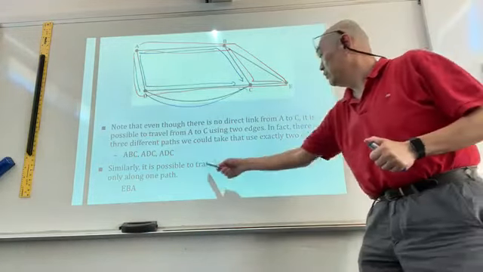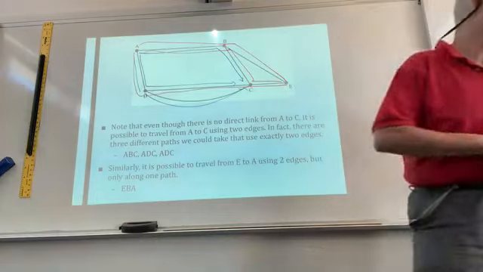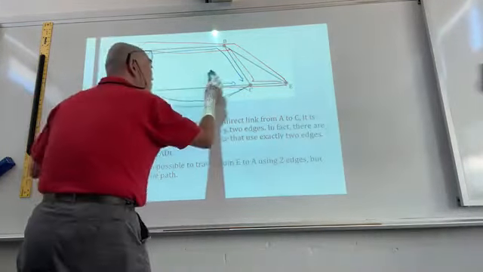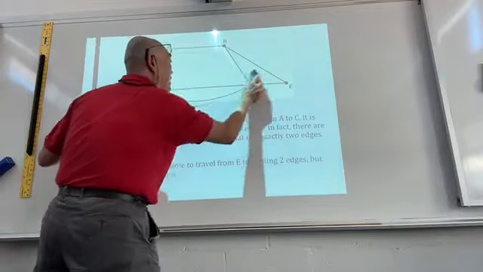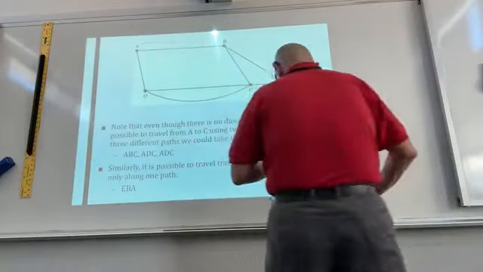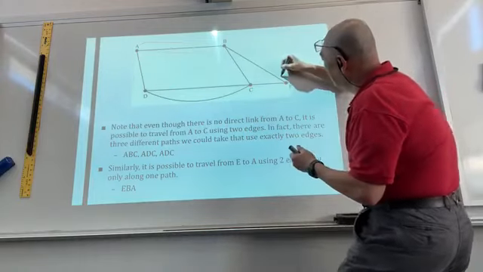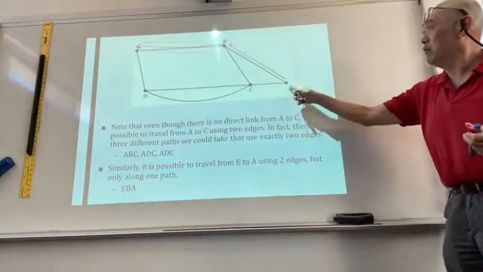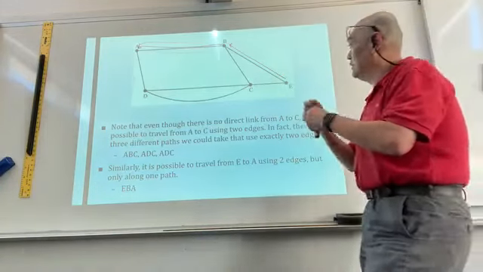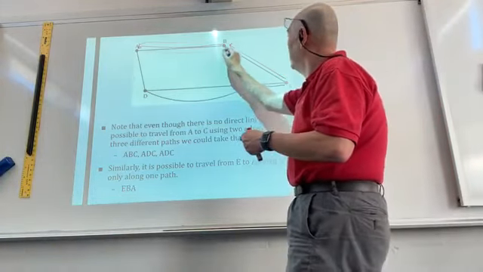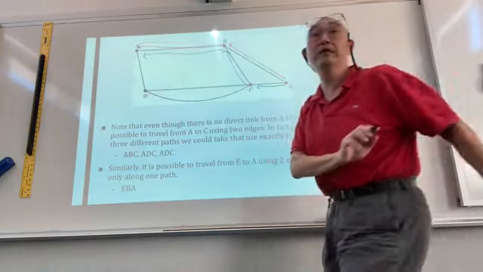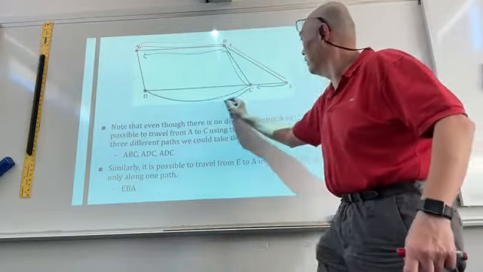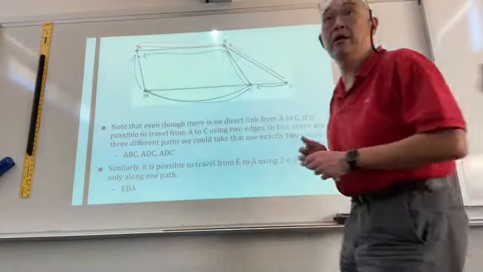So, we could travel from E to A. But if we want to use only 2 edges from E to A, we can only go from E to B to A, correct? From E to A, if I go through C, that's 1, 2, and 3, using 3 edges. If I go the other way, it's the same thing.